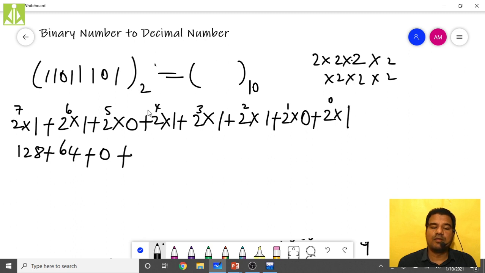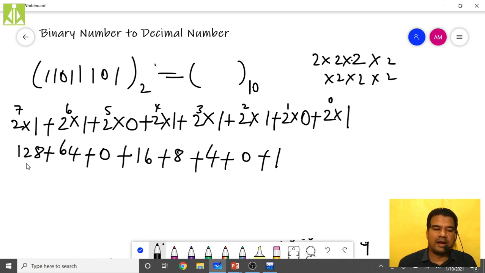Plus 2 power 4 is 16, multiplied with 1, that is 16. Plus 2 power 3 is 8, multiplied with 1, 8 only. Plus 2 power 2 is 4, multiplied with 1, 4 only. Plus 2 power 1 is 2, multiplied with 0, 0 only. Plus 2 power 0 is 1, multiplied with 1, you get 1.